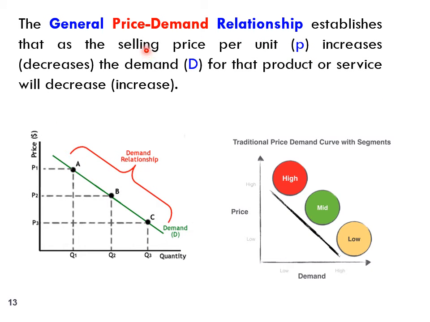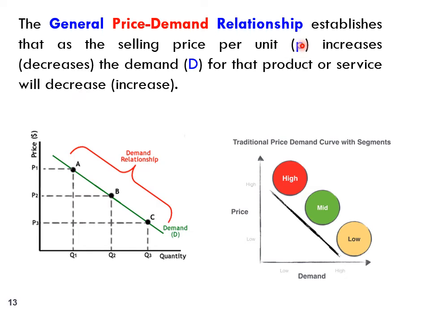As we mentioned, this price-demand relationship says that if the selling price per unit of an item, which we will represent by P, increases, then the demand for that product or service will decrease.